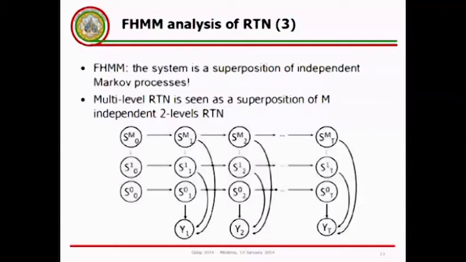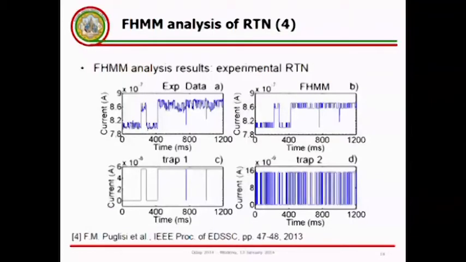With this kind of model, we can actually decompose the multi-level RTN into single two levels fluctuations, and we can simultaneously analyze the physical properties of each trap. And that's the basic result. That's the experimental data, and that's the FHMM fitting. Only with this kind of implementation, it is possible to see this signal as the superposition of trap 1 and trap 2.